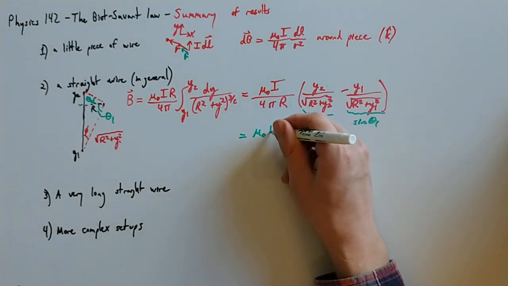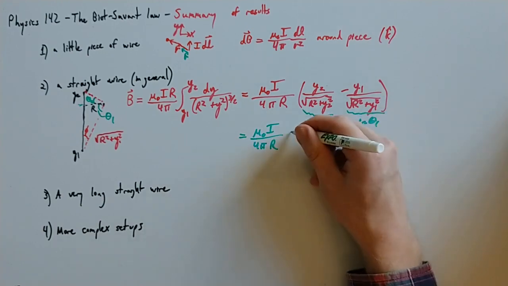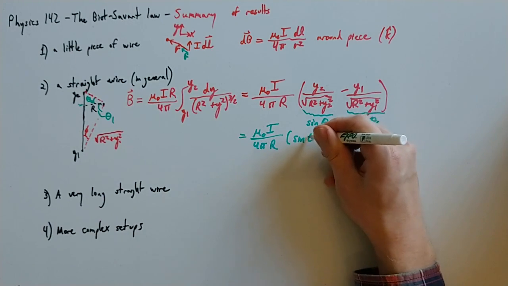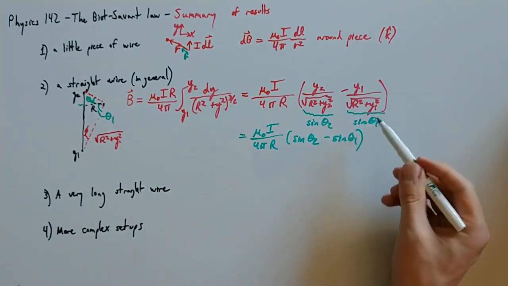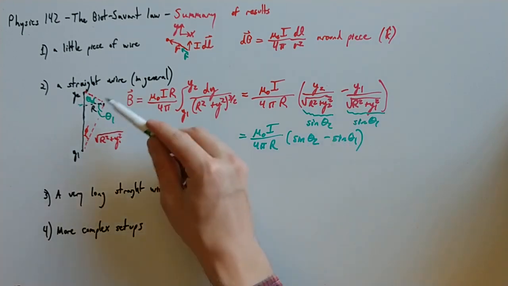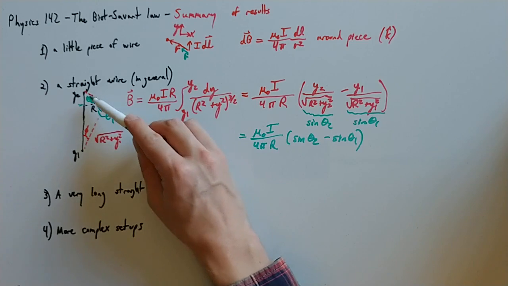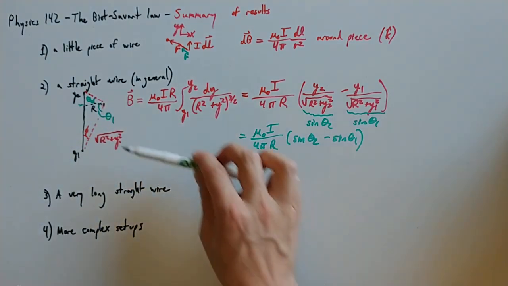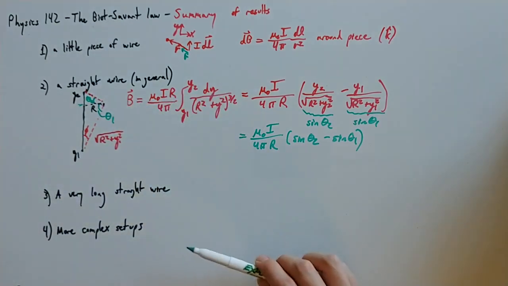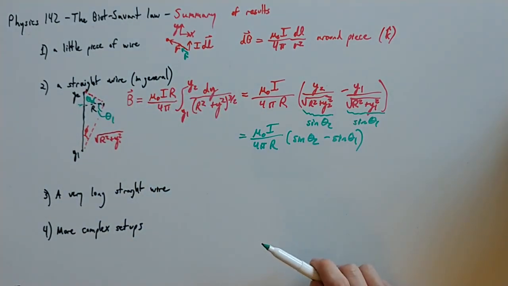It's just good to know that there are a bunch of different ways of writing this formula: sine theta 2 minus sine theta 1. I do think it's a little confusing. These thetas are not the angle between the dl's and the r hats. They're the other angle, the angle from the point to the end of the wire.